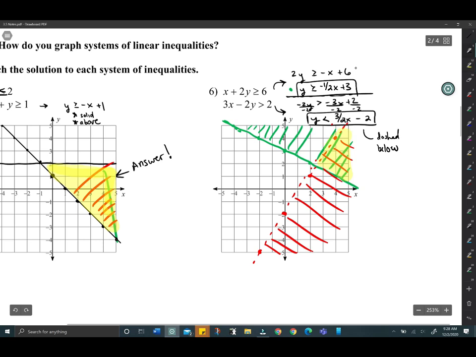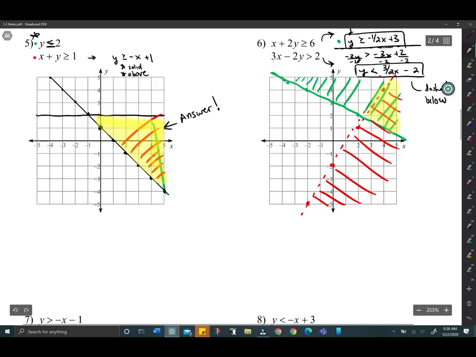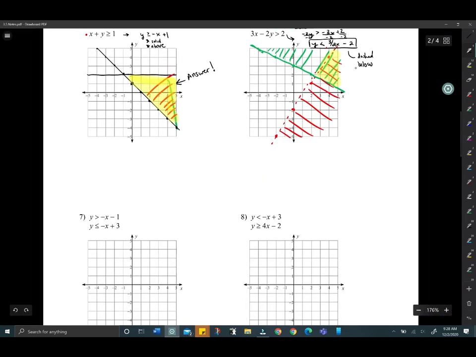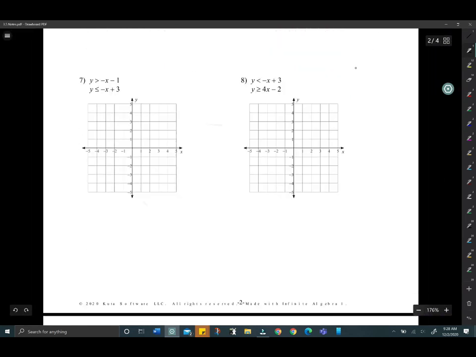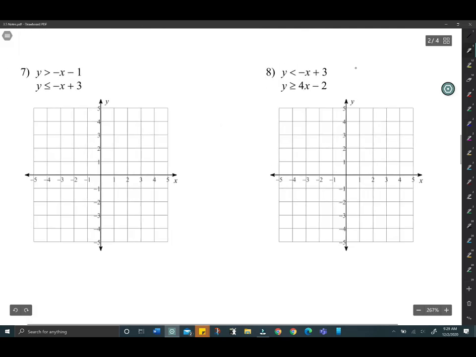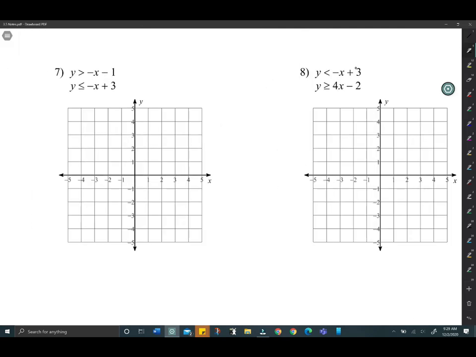Alrighty, let's get through last two here. I know it's a little extra problems for you, but you can handle it. They're nothing too challenging. These are already solved for, so you should take the moment. It's going to be a dashed line because less than, and it's going to be above.